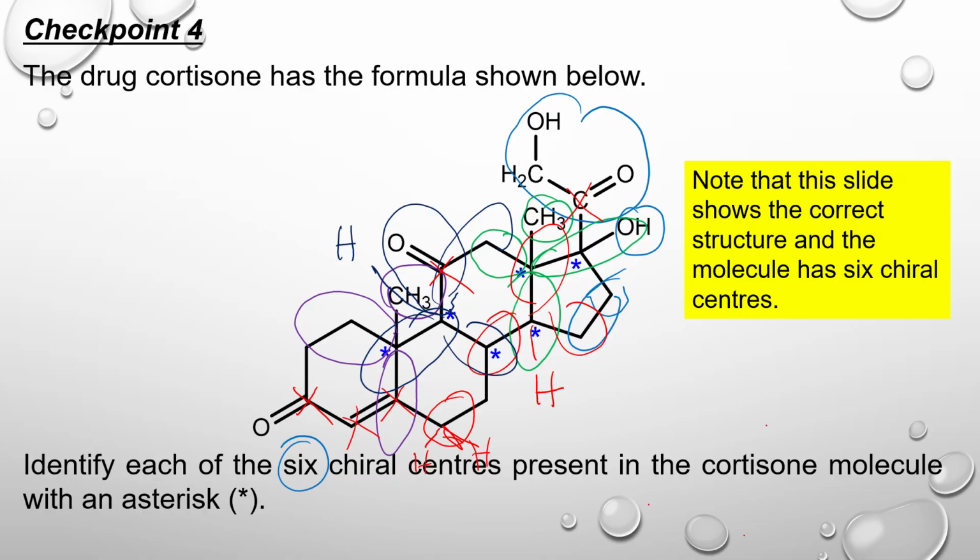Okay, so there are some carbons that you can ignore at one look. And then there are some carbons which you want to take a closer look at to see if there are 4 different substituents. So basically that is the technique for how you can identify the chiral centers in a molecule.